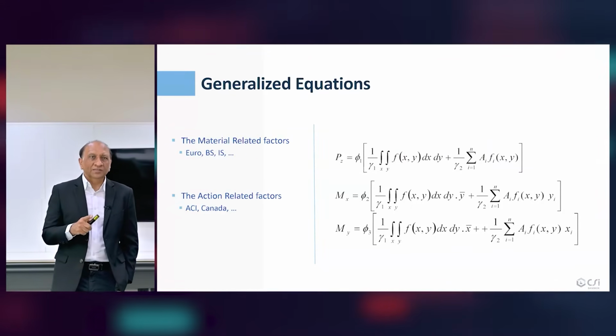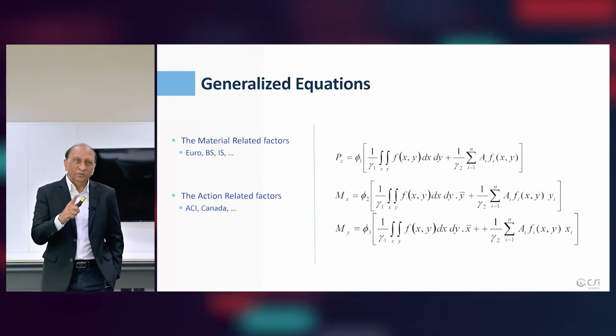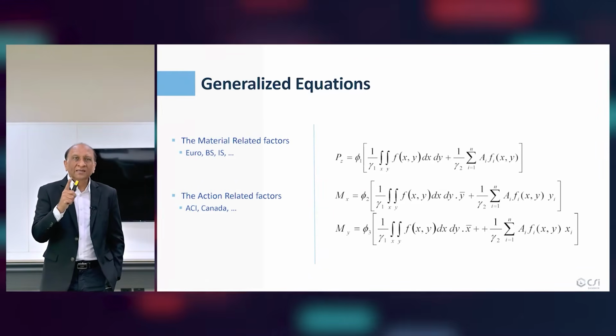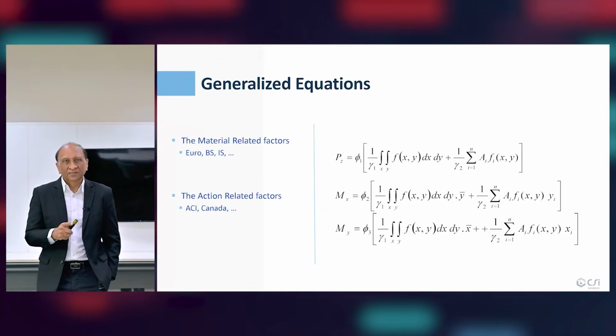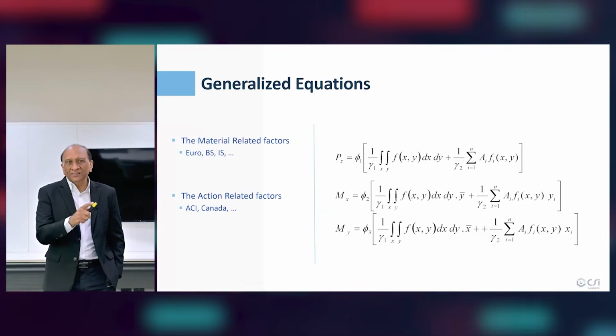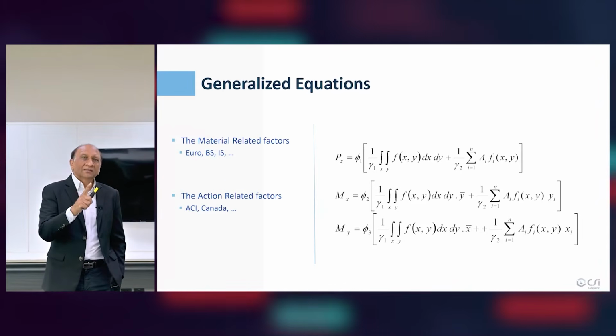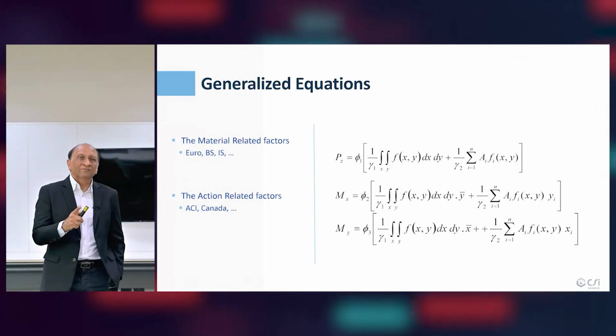For material reduction factors, like Eurocode, BS code, Indian code, and other codes derived from them, they will normally use a gamma factor to modify the strength of the material. For ACI, Canadian, and other codes, they will decrease the capacity directly by a phi factor.